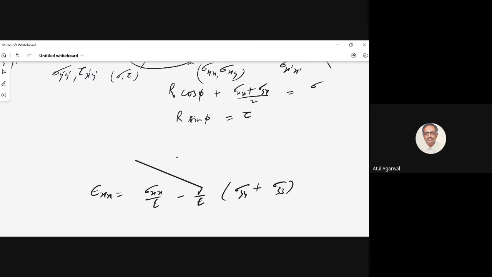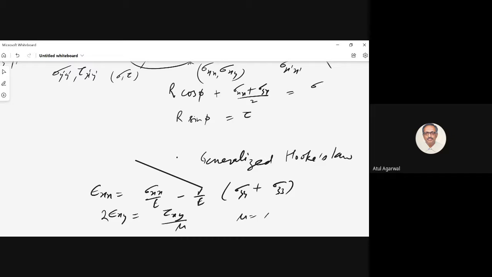These are what you can call the generalized Hooke's law. And epsilon xy is equal to tau xy by the shear modulus.